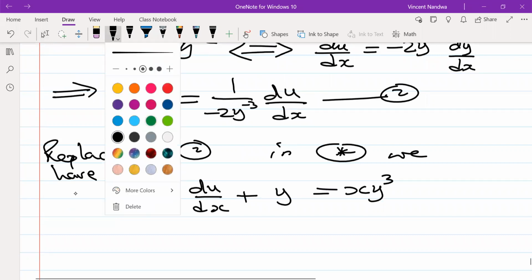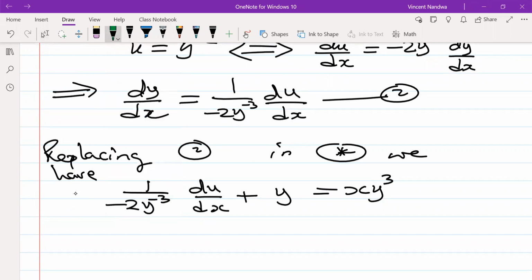Now the easiest way is to remove this fraction by multiplying each term by minus 2 y to the power minus 3. So I'll get minus 2, minus 3 plus 1 is minus 2.